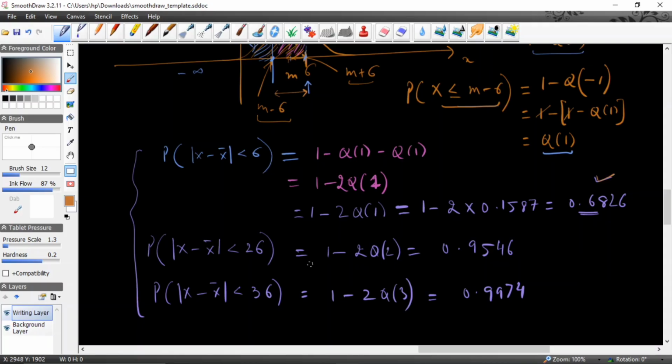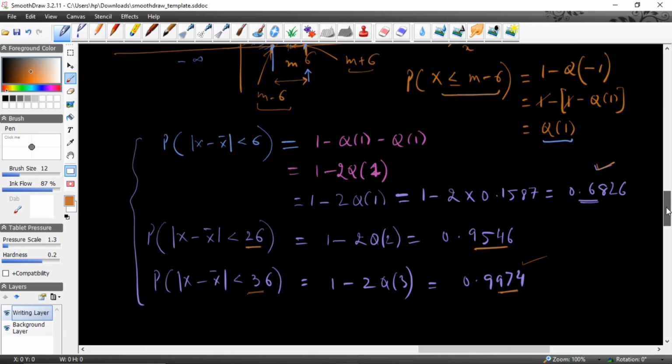So for m plus minus 2 sigma, it is 95%, and for m plus minus 3 sigma, you have 99%, or 99.74% exactly.